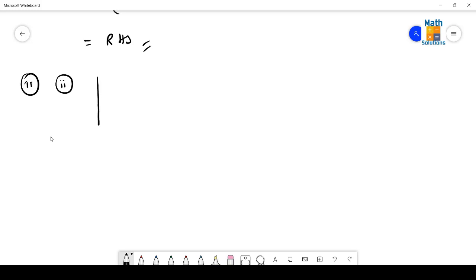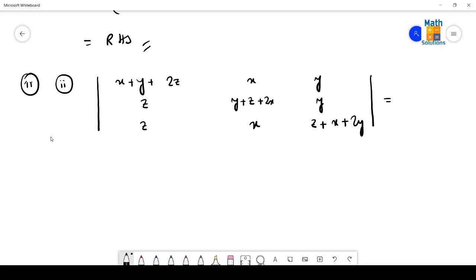It is given like this: x plus y plus twice z, here x, here this is y, then this is z, then after y plus z plus twice x, then after here this is y, then after z x I get here, then z plus x plus twice y. This result should be twice x plus y plus z whole cube.